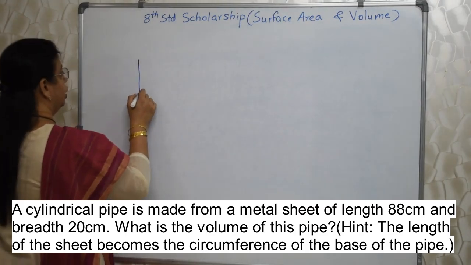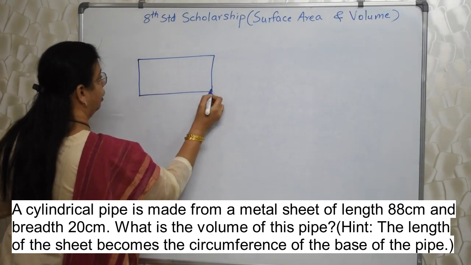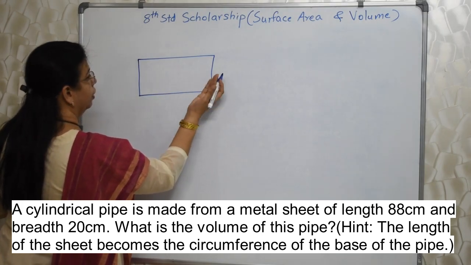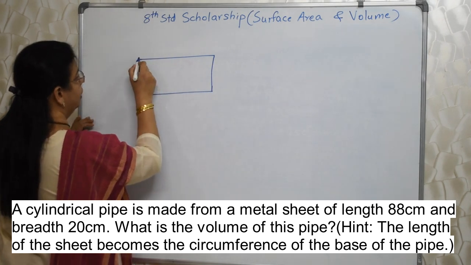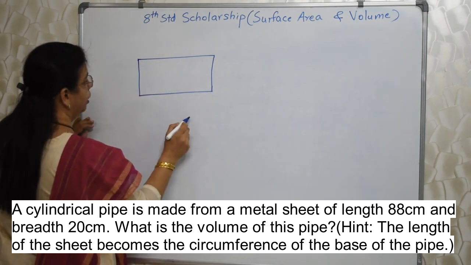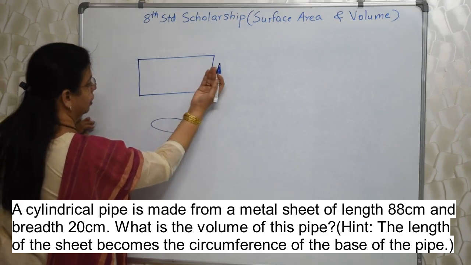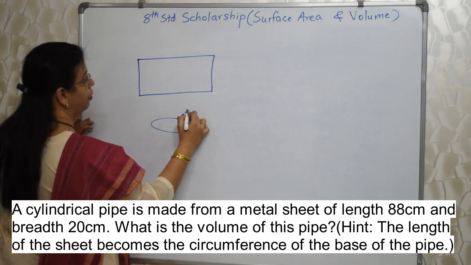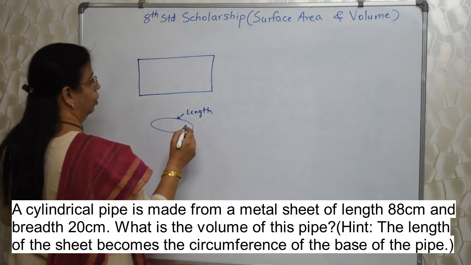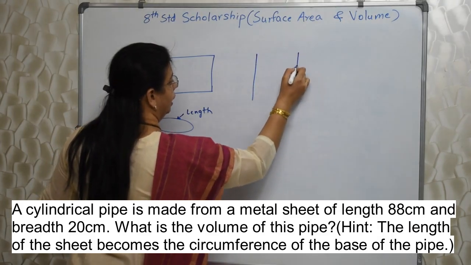If the metal sheet is like this, imagine, and if we make a circle like this, obviously this portion is going to be curved like this. So the length is going to be the circumference of the base. We will convert like this.